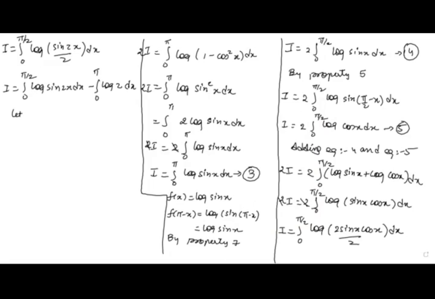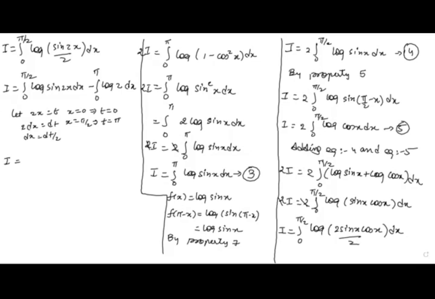Now if I assume 2x as t, 2 dx will be dt and dx will be dt by 2. Limits will also get changed. If x is 0, then t is 0. If x is pi by 2, t will be pi.